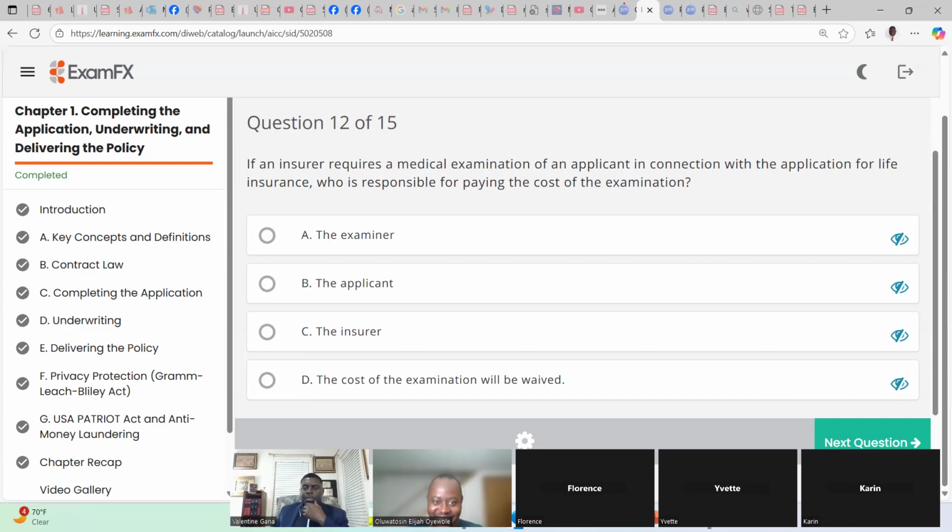The applicant. You think the applicant will pay the cost? I don't think so. I think the insurer. Yes, you guys are right. The insurer is the one who is going to pay.